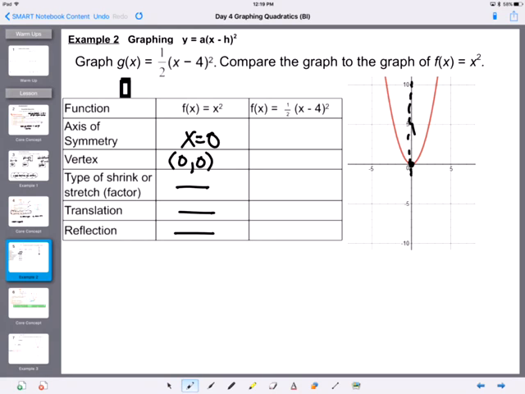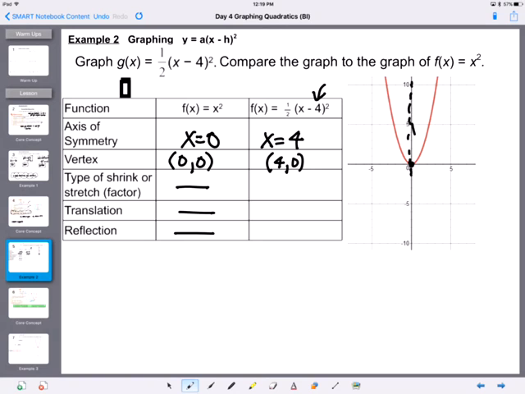Now let's take a look at f of x is equal to 1/2 times x minus 4 squared. So our axis of symmetry is whatever our h is. So our axis of symmetry is going to be at x is equal to a positive 4. Our vertex is the ordered pair h, comma 0. So inside is opposite, so it's going to be positive 4, comma 0.